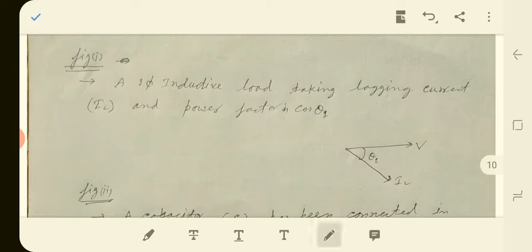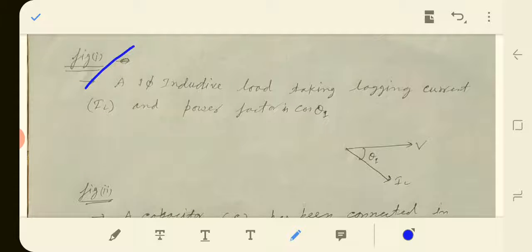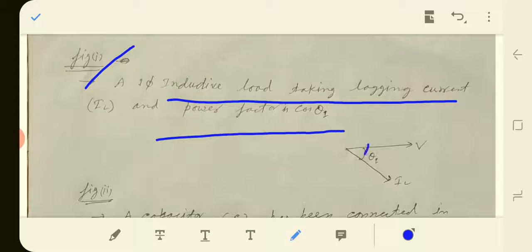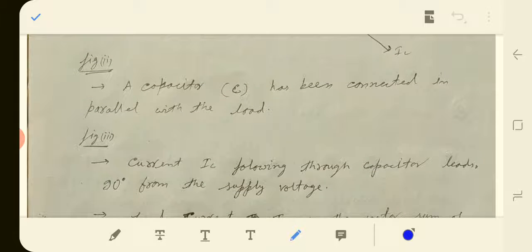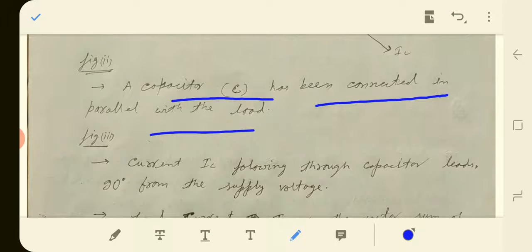Now the figures are discussed here separately. In figure 1, we have connected a single phase inductive load taking a lagging current, and the power factor is cos phi 1, shown here. Secondly, in figure 2, a capacitor has been connected in parallel with the load.